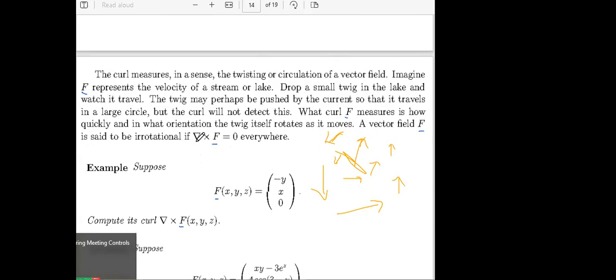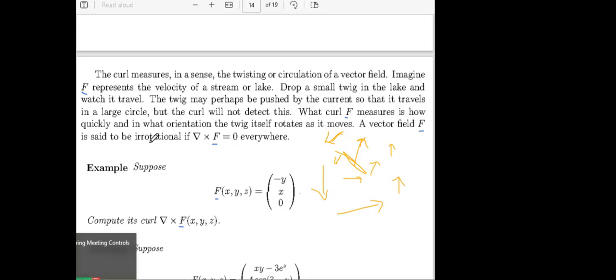So look at this. If you have a vector field whose curl everywhere is equal to 0, then that vector field F is called an irrotational vector field. It is called irrotational, not rotational.